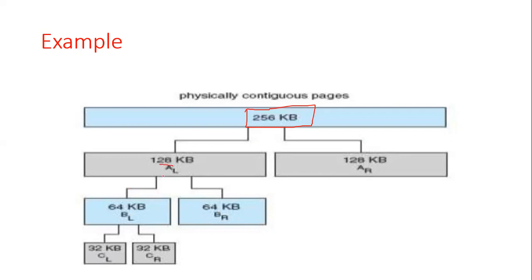The first division is named A, where A L represents left and A R is the right side. The next division is B, that is B left and B right. We should divide only up to the left; if the left is over, then we move over to the right. Again the 64 is divided into the next lowest 2 power n, that is 32, giving C left and C right.